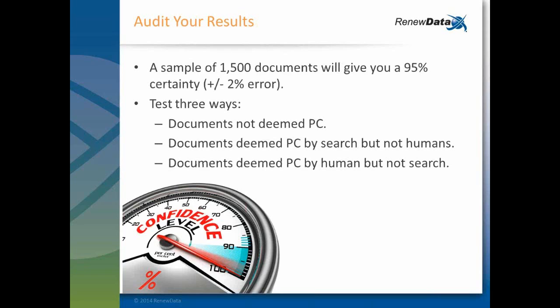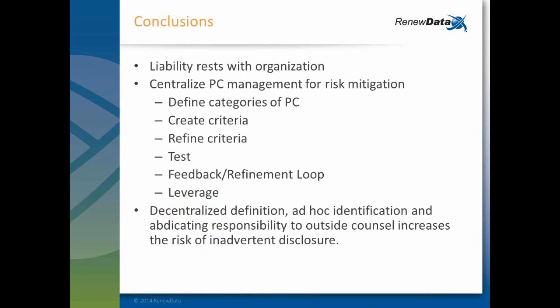But just to conclude, as we said, the liability rests with the organization. Generally, what we have found is that organizations at present are relying upon their various outside counsel to identify protected content and to manage it as an extension of privileged content. And that is fraught with risk for a lot of reasons.